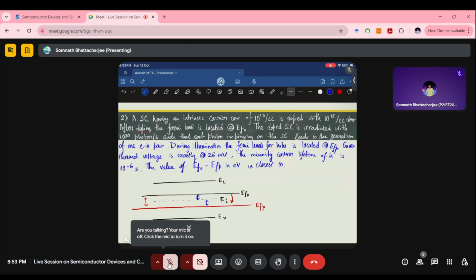I am also writing these things. So Ni they have given us 10 to the power 10 per cc. They have given ND as 10 to the power 15 per cc. Apart from that, is there anything more?